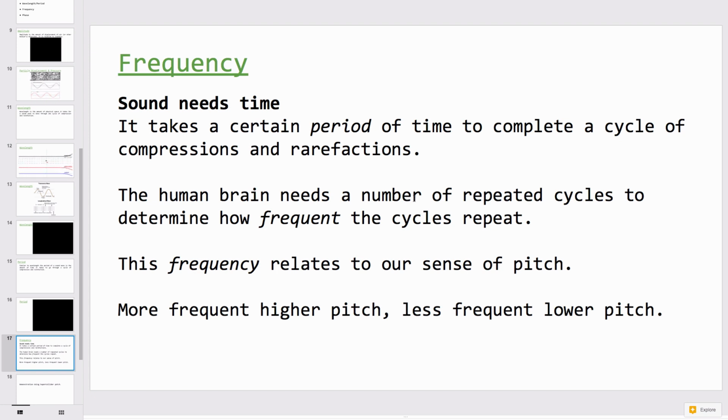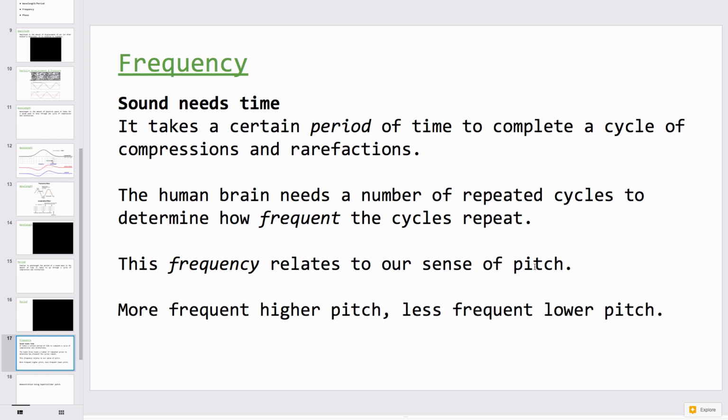And it happens that pitched sounds, and even some non-pitched sounds that have some element of pitch in them, happen with some regularity. The human brain needs a number of these repeated cycles to determine how frequently the cycles repeat, what the frequency is.